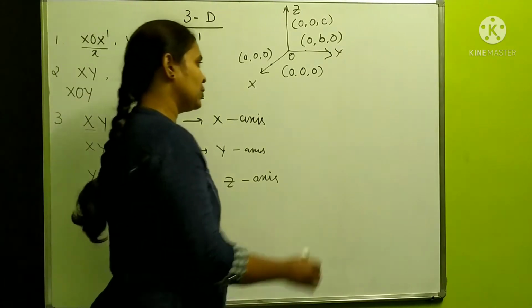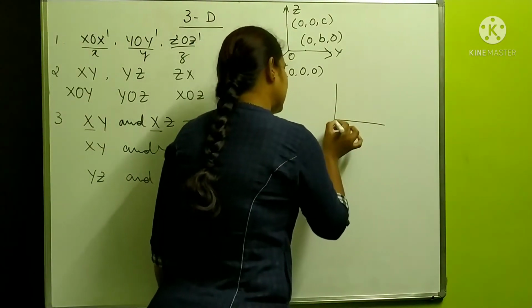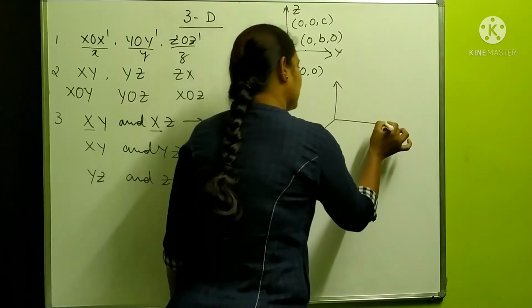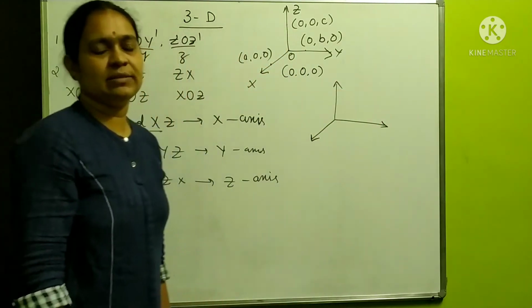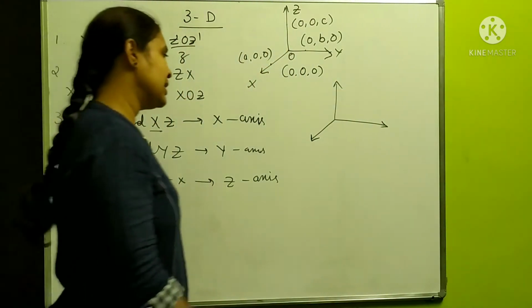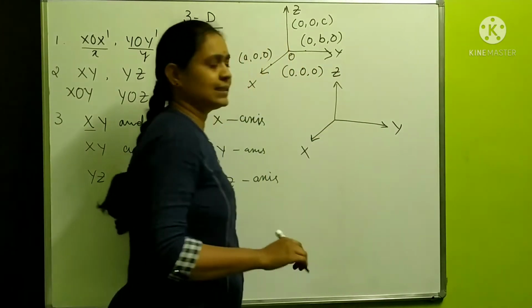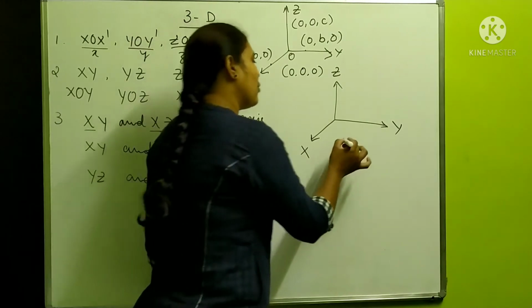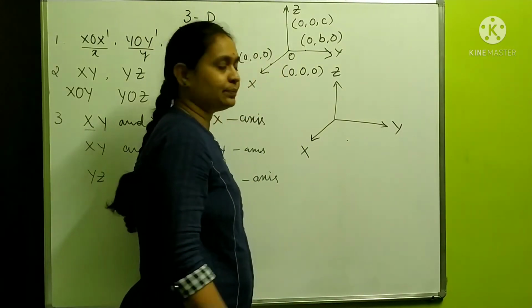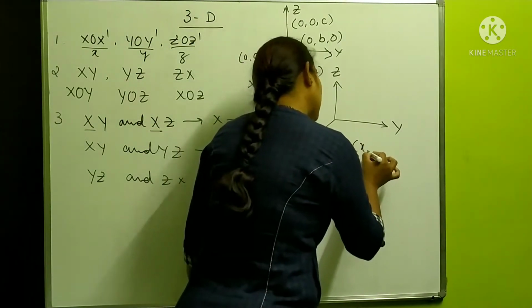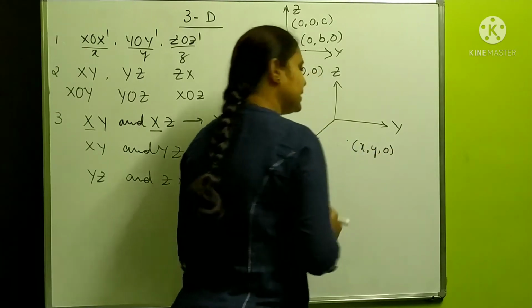Suppose these are the X, Y, Z axes, which are mutually perpendicular to each other. If a point is on the XY plane, then its coordinates are X, Y, 0.